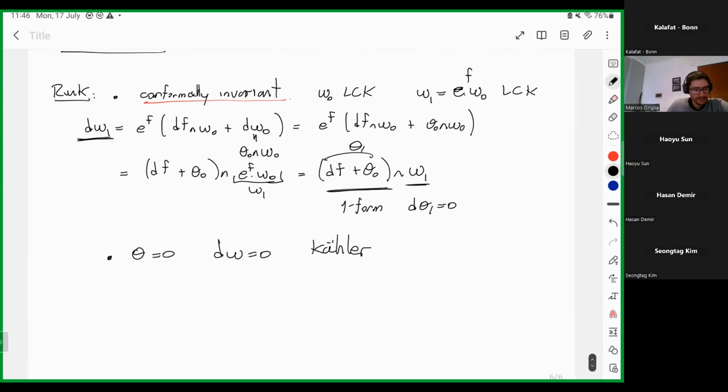Some other interesting facts. So if theta is exact, I mean globally exact, we already know that locally it is exact.